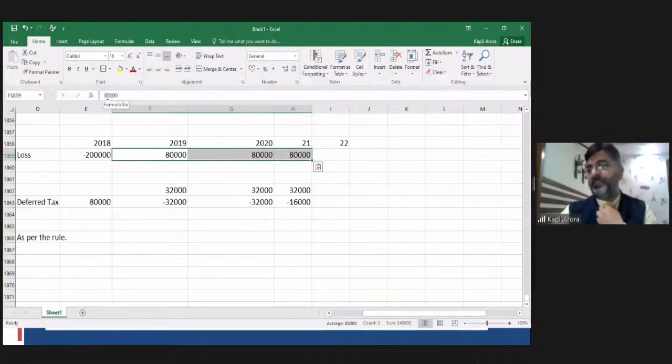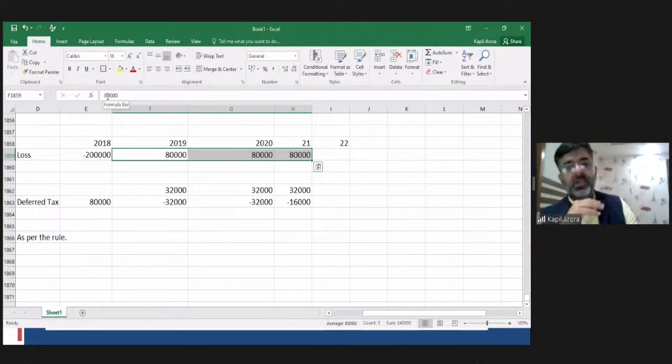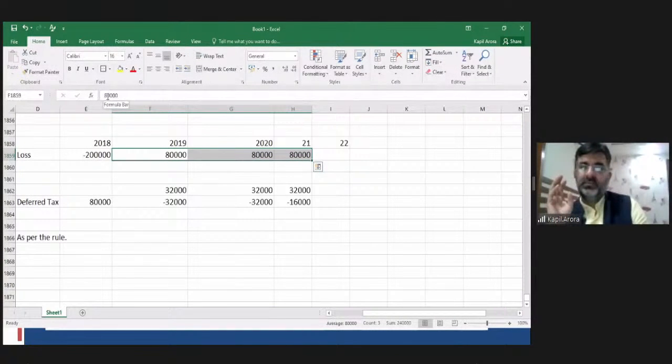If I won't be able to recover that amount in the future, I cannot record this as a deferred tax asset. I hope this is fine with everybody. Is that okay with all? Any question, guys?